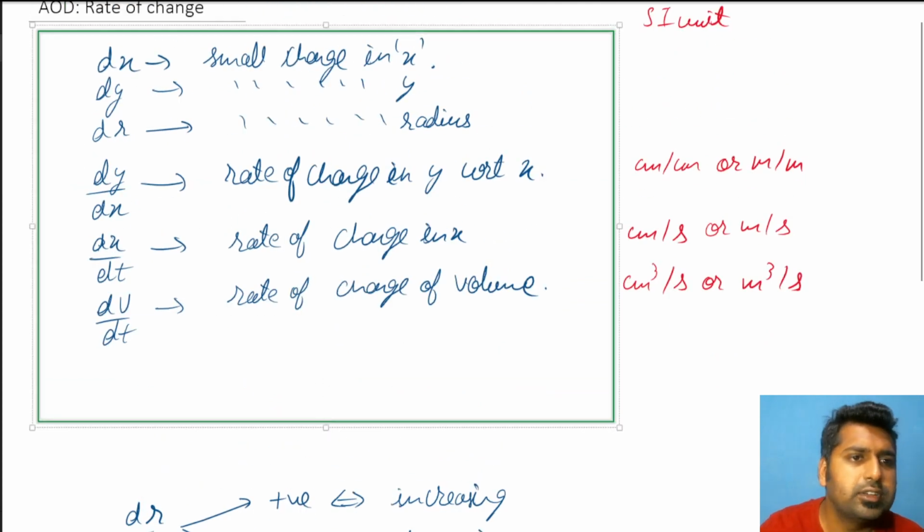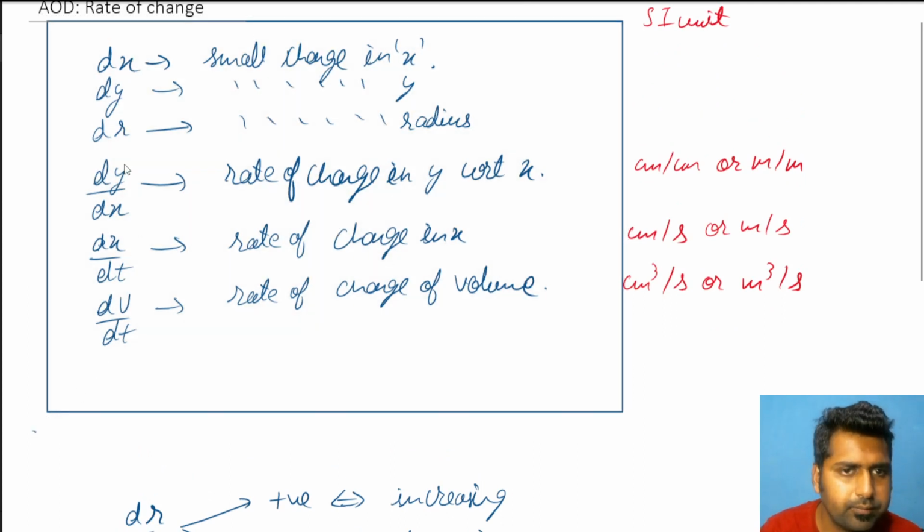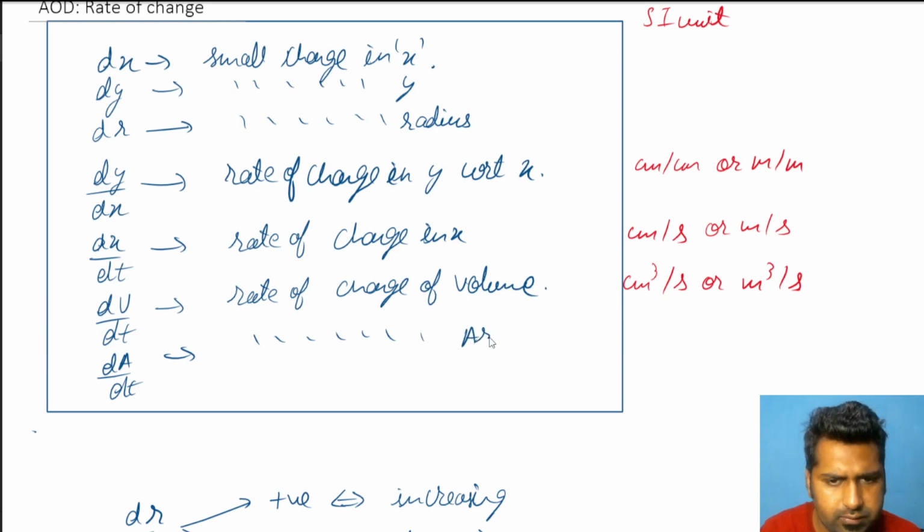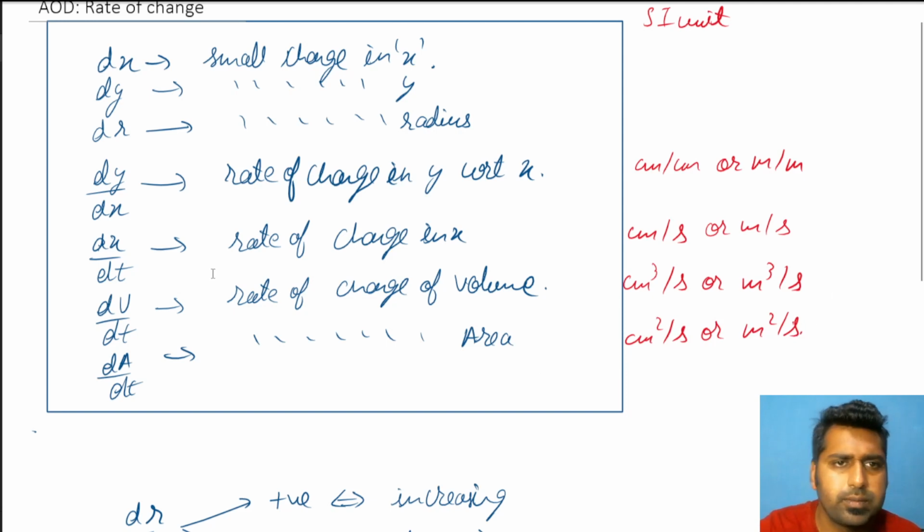So let's say you have dA by dt. What is the meaning of that? Rate of change of area. Its unit will be centimeter square per second or meter square per second.